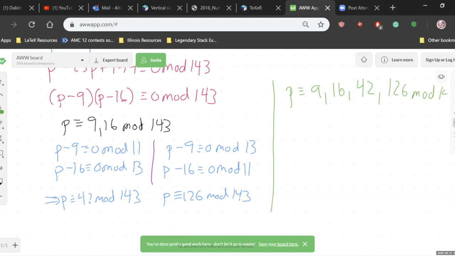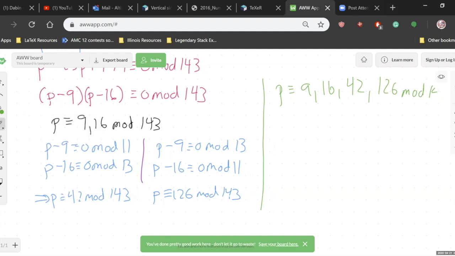And now we just need to find the smallest prime that satisfies these. None of these are prime, which is kind of sad, but it's okay, because all this means is we just have to add 143 to all of them. So the next set of numbers that works is 152, 159, 185, and 269.